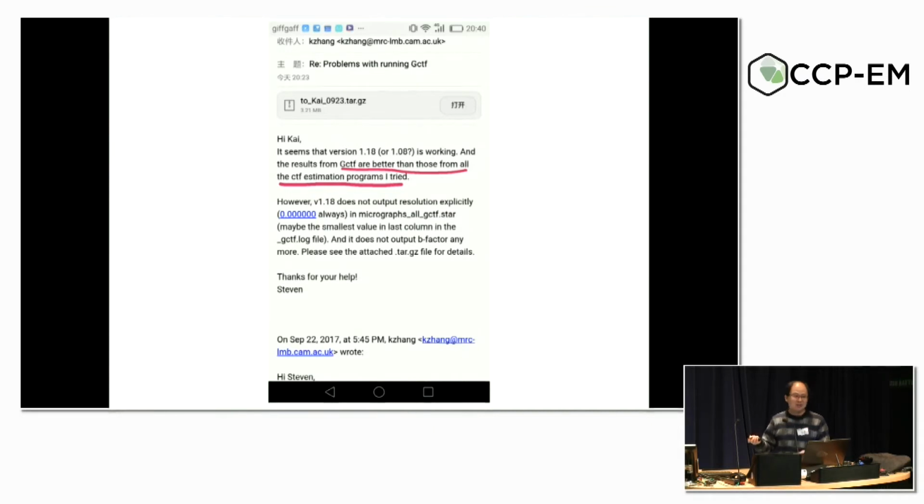So if you find in some case GCTF gets some worse results, please also report it to me. And I'm interested to test what was wrong or could potentially be improved, because I need some data or some special case to see how we can improve.